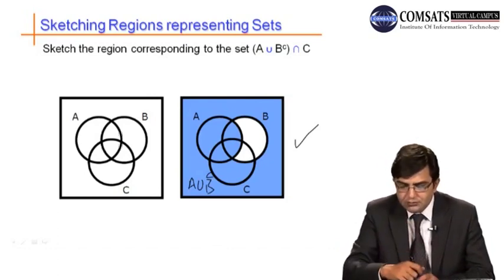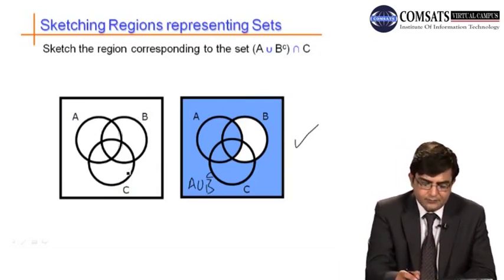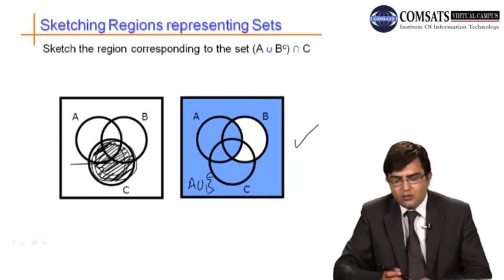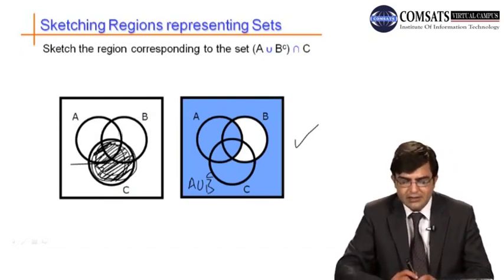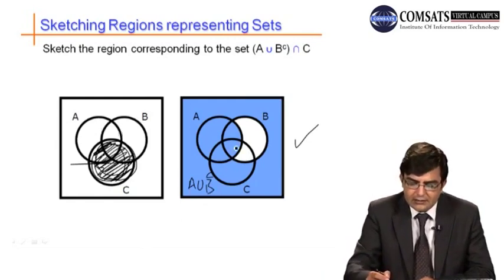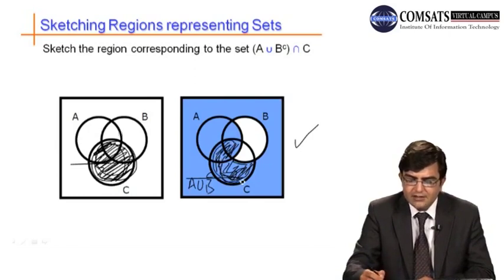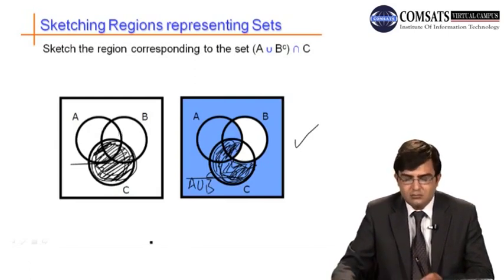Now we have to take the intersection of this region with C. So what is C here? C is this whole region. Now we have to take the intersection of this region and this region. So what will be the intersection of these 2 regions? Only this region will be the intersection of these 2 regions.